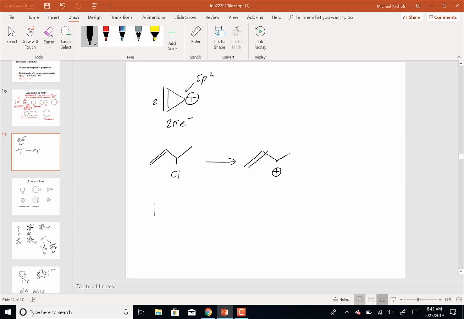And then I make myself a cyclopropyl chloride, so that when it loses its chloride, it forms that carbocation.